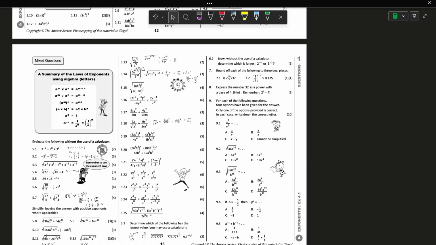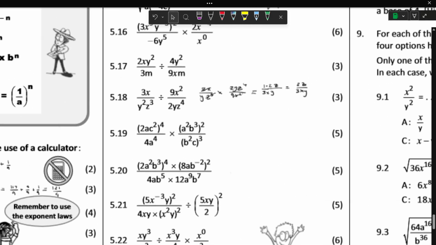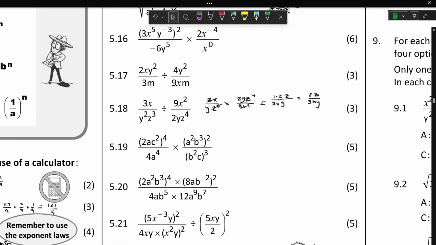Where is the grade 9 math? There it is. 5.23. And we're at 5.18. Lovely, okay.